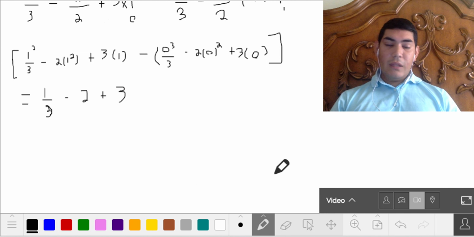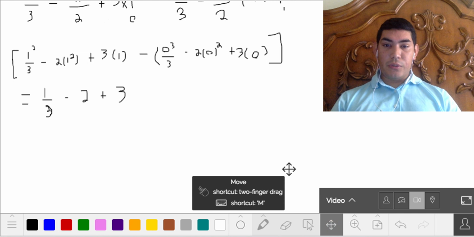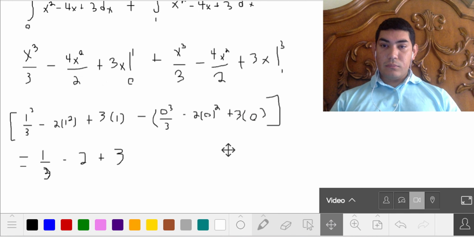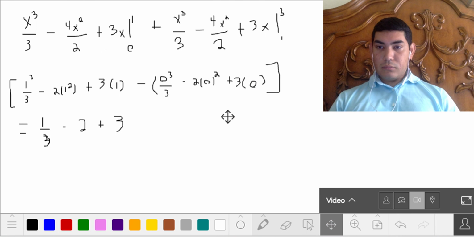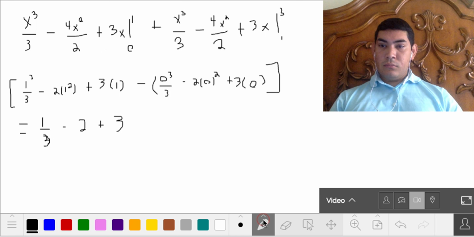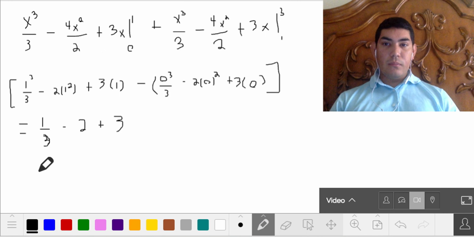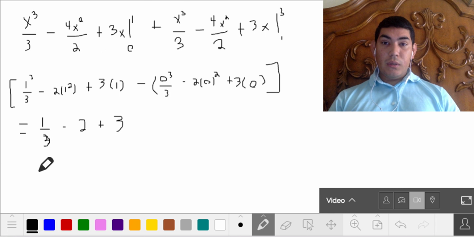Now let's look at the other term that we found. By substituting 3 into that, we are going to obtain the following.